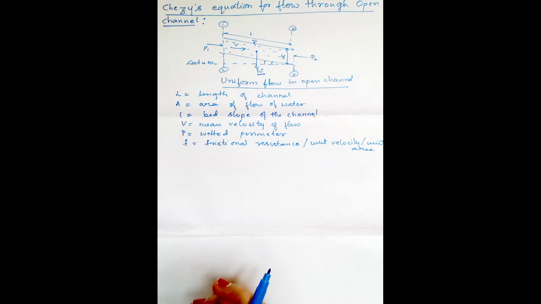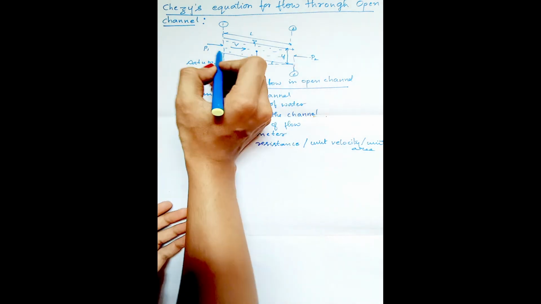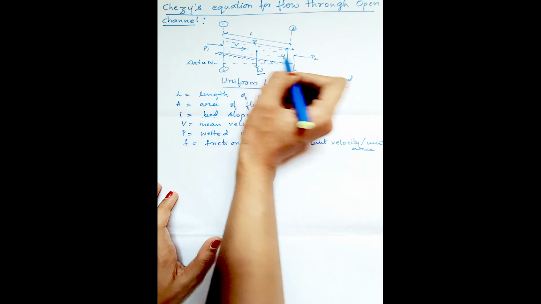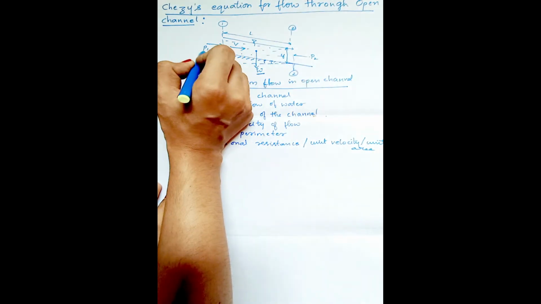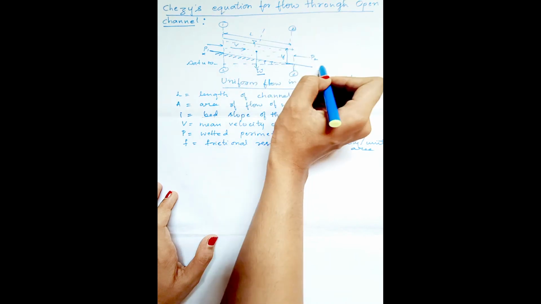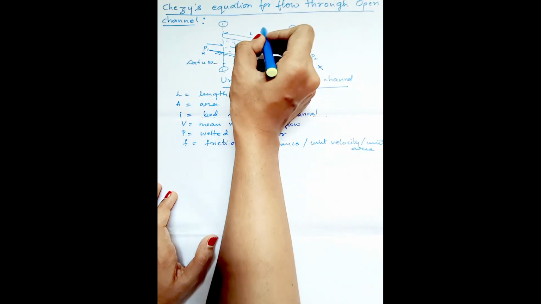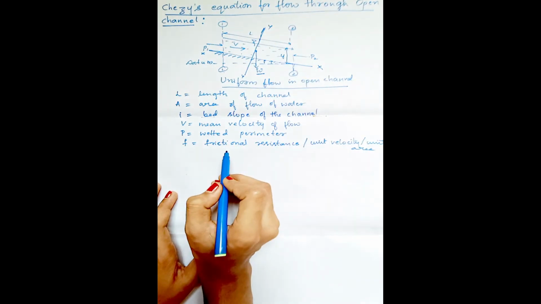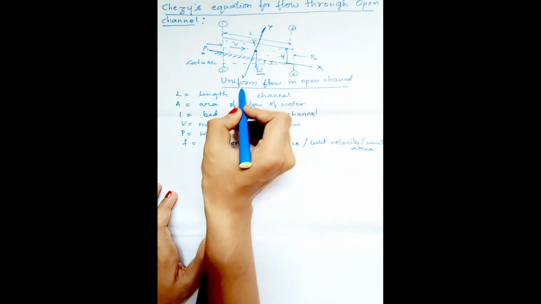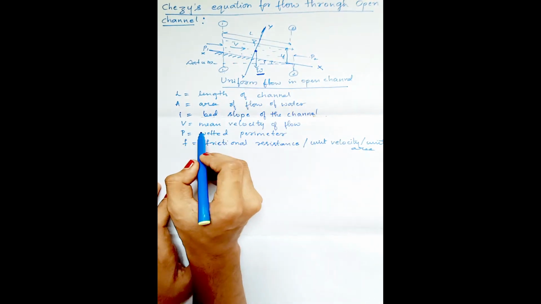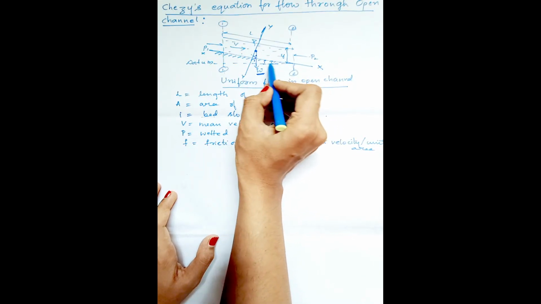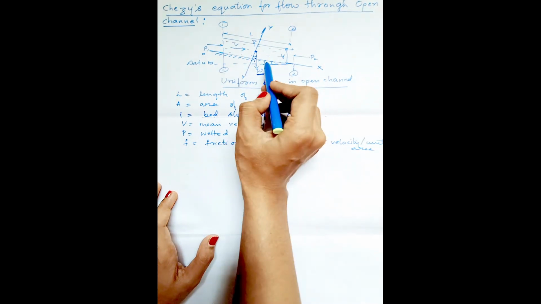If we take the bed of the channel as the x-axis, and perpendicular to this will be the y-axis, then with respect to this y-axis, W is an inclined force, acting at an angle i, which is nothing but the bed slope i.